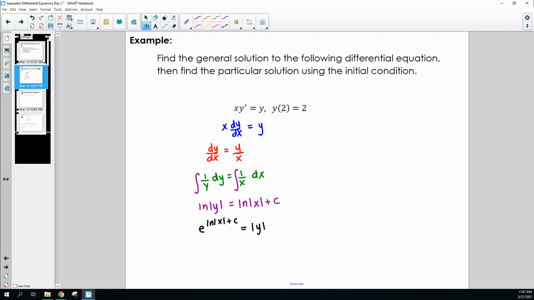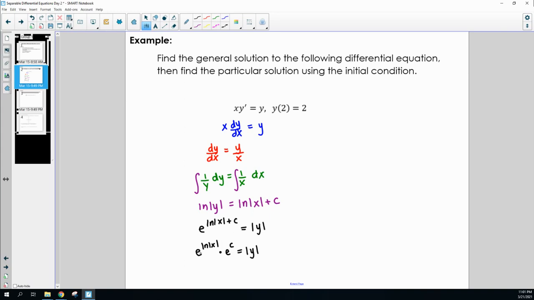And remember, when we have something that's being added in the exponent, I can rewrite it as the same base, but being multiplied together, because multiplying when you have the bases the same is really adding the exponents. So I'm going to rewrite this as e to the ln absolute value of x times e to the c, and that's equal to the absolute value of y.